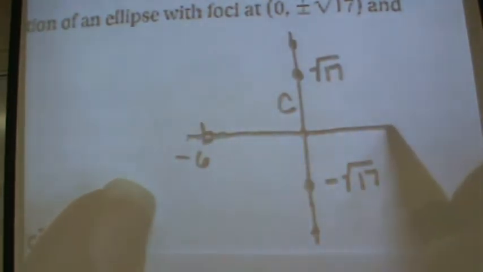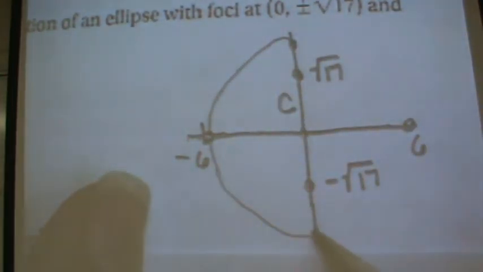So I know a is somewhere out here and here, but I still don't know what a is. And it tells me I have a co-vertex at plus or minus 6, 0. So what do I know? I know b and c. b is 6, and c is root 17.